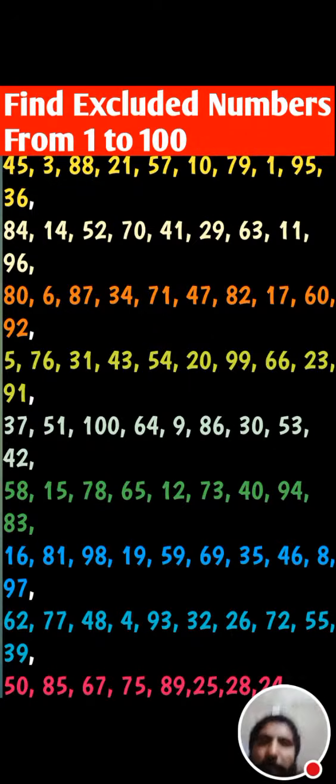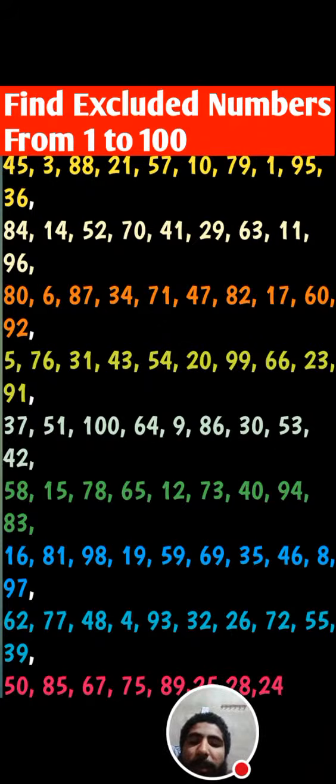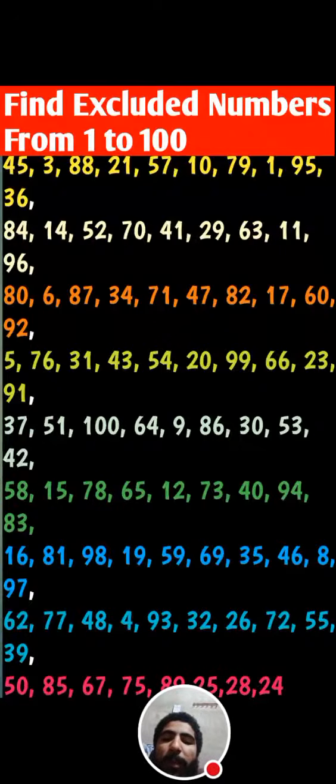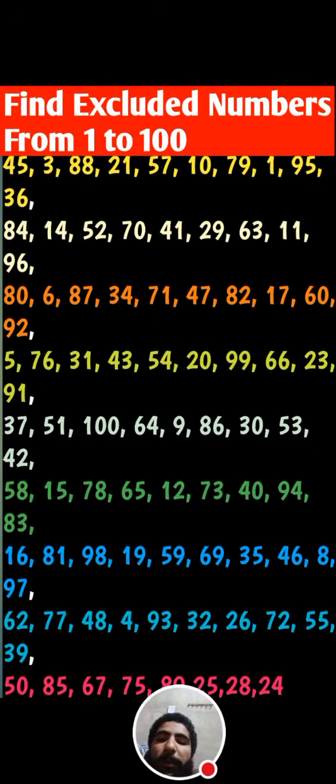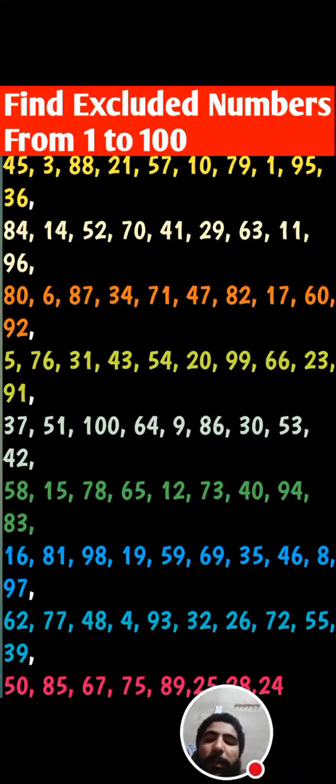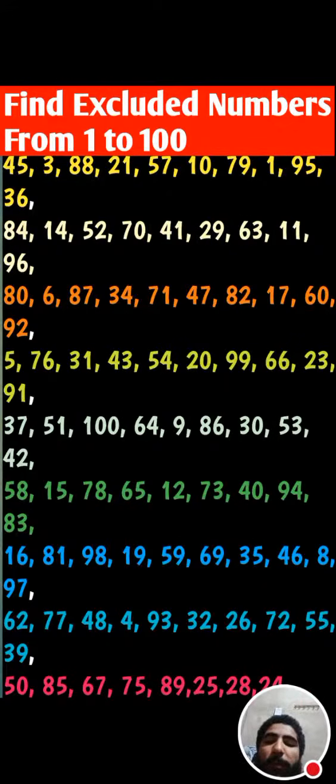The number 24 is presented on the last row of the image after 28 with pink, I think pink color. So we have to now find number 25 that is also presented on the last row.